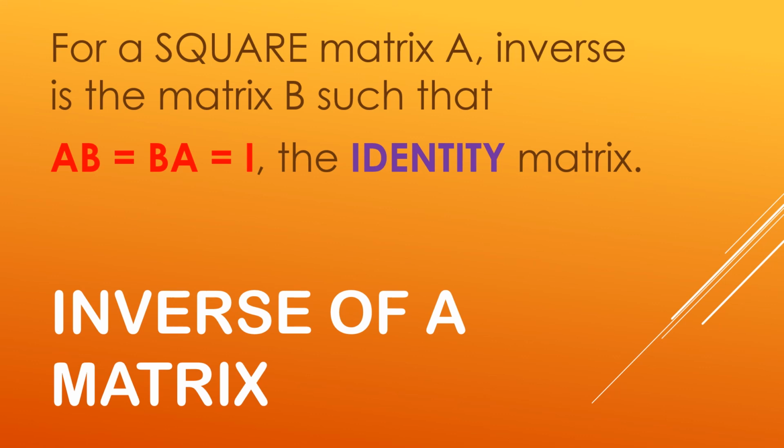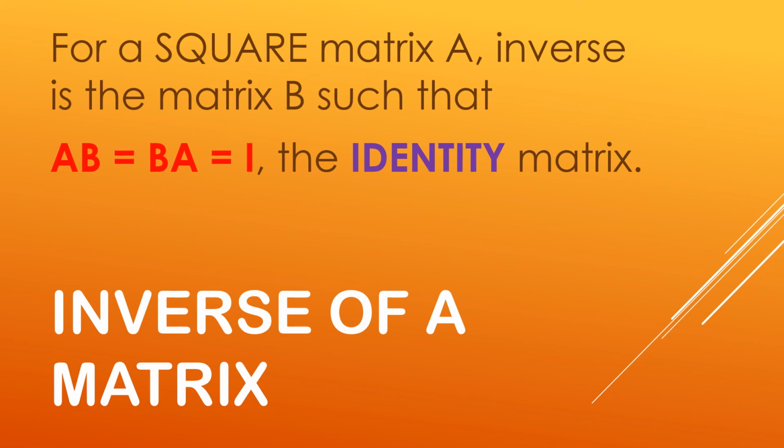So, for a square matrix A, the inverse is the matrix B such that A into B equals B into A equals I. I have already mentioned that for matrix multiplication, A into B and B into A are not always equal.